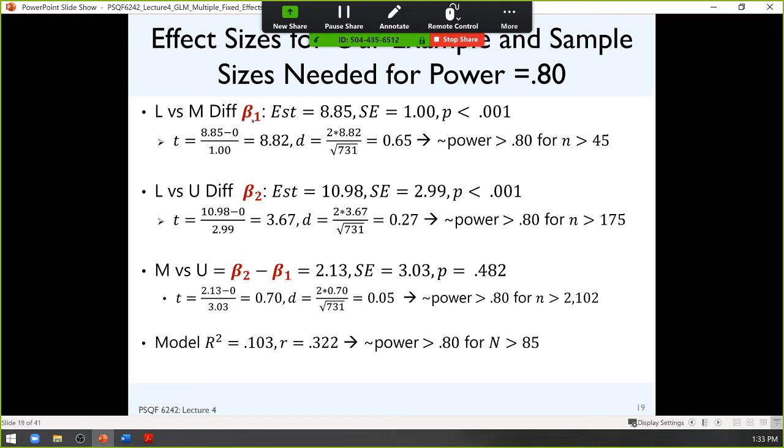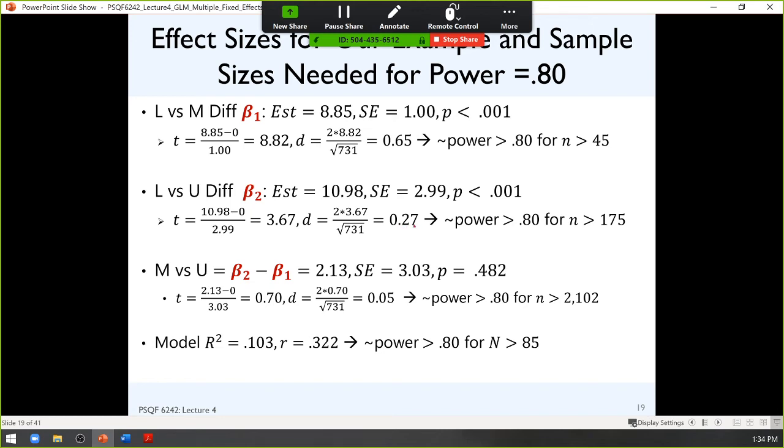So the slope beta 1, the difference between the low group and the upper group, that effect size was the 0.65 that we were just looking at. That means that power would be greater than 0.8 so long as I have at least 45 people in each condition. The difference between lower and upper, that effect size was smaller, 0.27.